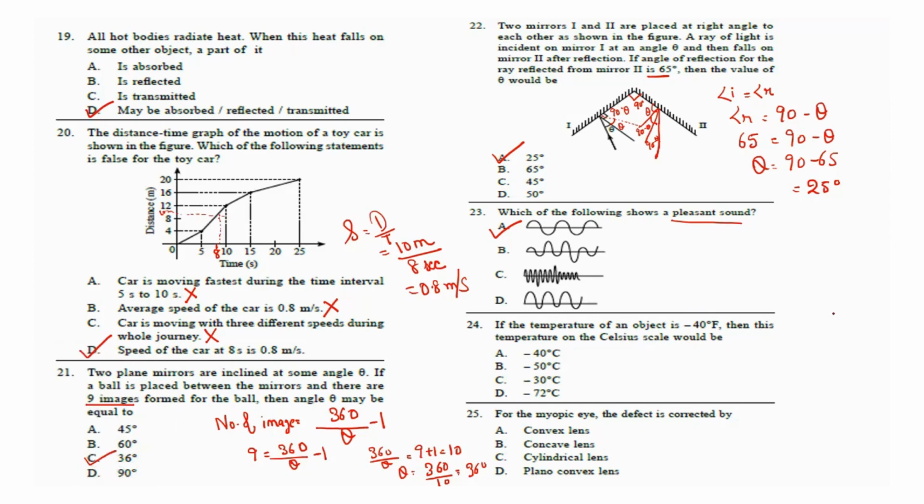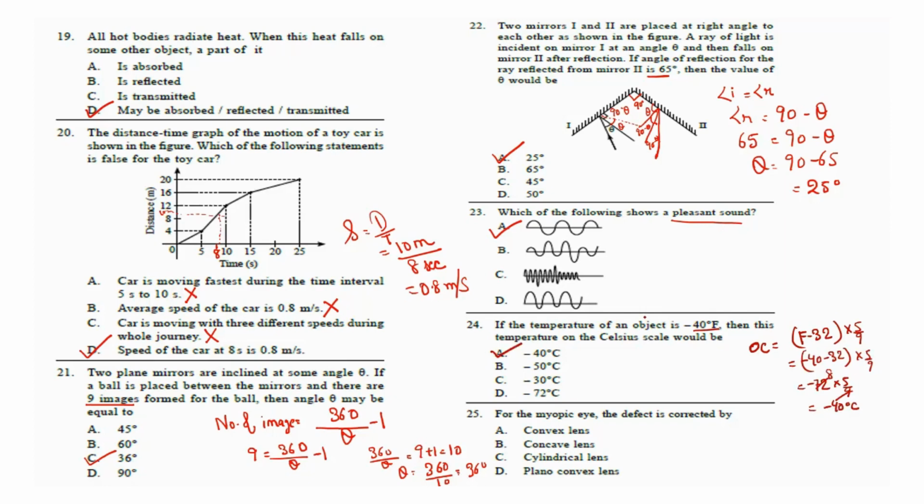So, degree centigrade is equal to F minus 32 into 5 by 9. Correct? So, F is minus 40. So, minus 40 minus 32 into 5 by 9. So, minus 72 into 5 by 9. So, 9 8s are 72. So, minus 40 degrees centigrade is the correct answer. So, A is our correct answer.